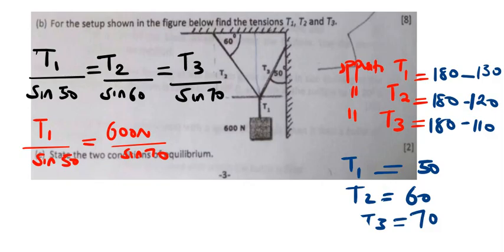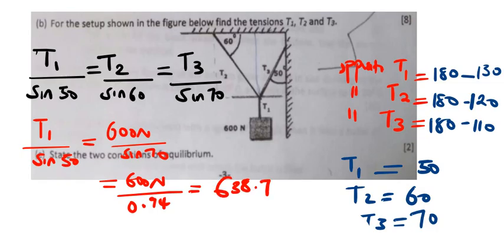Let me first find 600 newtons divided by sine 70. It gives me 0.94. Now 600 divided by 0.94 gives me 638.7 newtons.